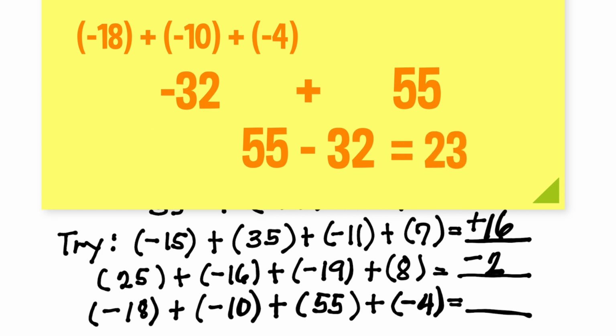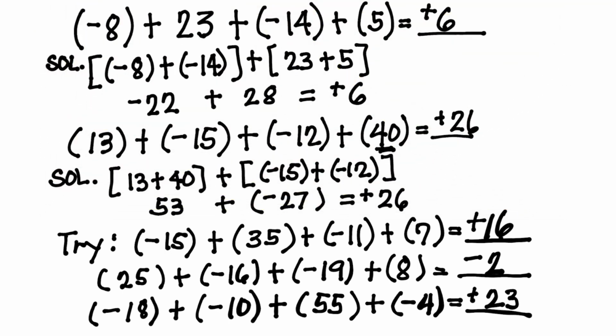So, 23 ang ating magiging sagot. 55 minus 32 is 23. So, 23. What will be the sign? Positive kasi yung 55 ay bigger absolute value kaysa pinagsama-sama nating values ng negative 18, negative 10, at negative 4. Ang rule natin, tandaan, the bigger the absolute value, yung kukunin ang sign. Okay? So, tama ba kayo?